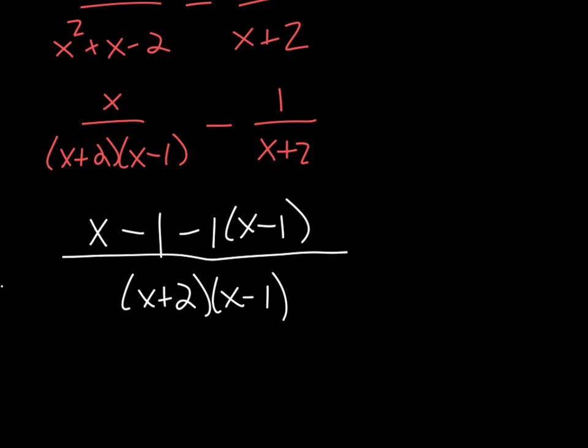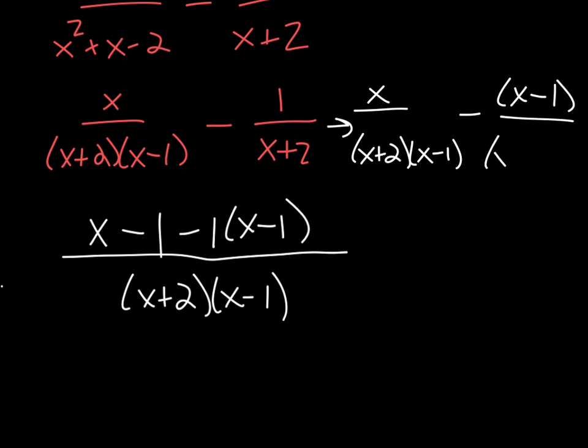I kind of did 2 steps at once. I didn't rewrite. So if you want to see it rewritten, it'd be this. Is it okay if I write it like this? Oh, you just added it? Yeah, I was just saving space.